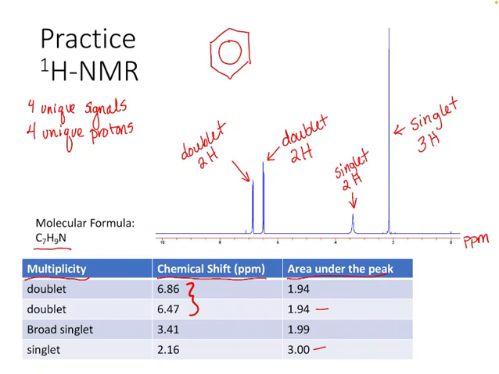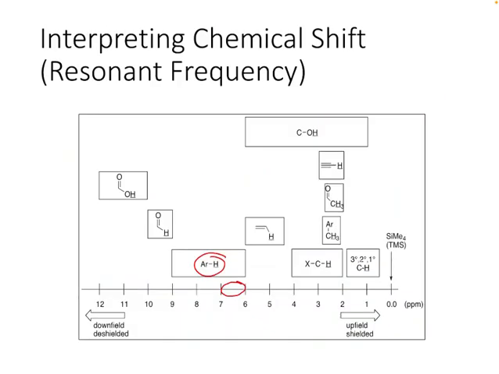All right, then let's focus on our singlet at 3.41. So 3.41, ooh, this might be tough. Okay, so we could have maybe a carbon bonded to a halogen or an oxygen.